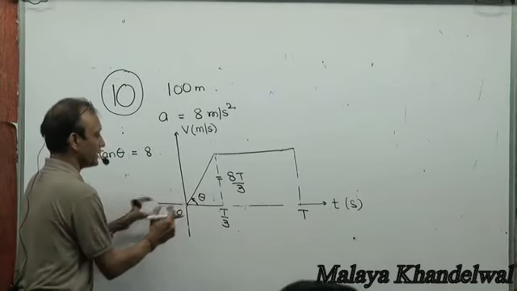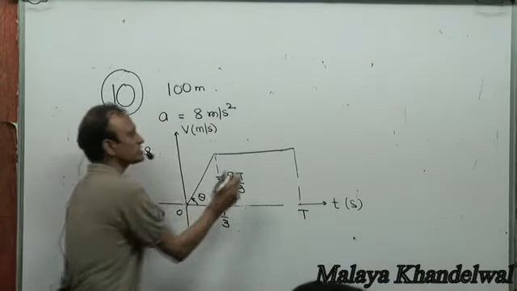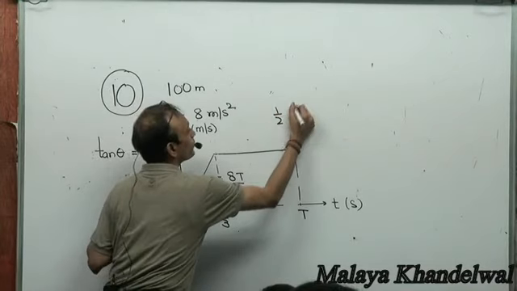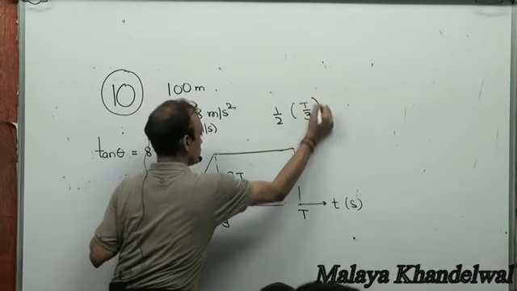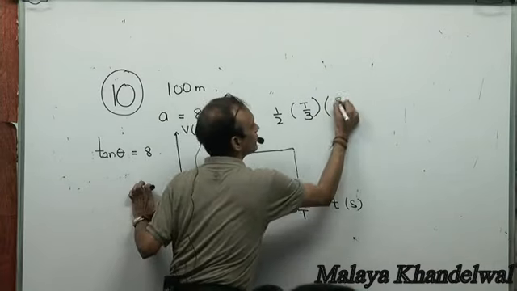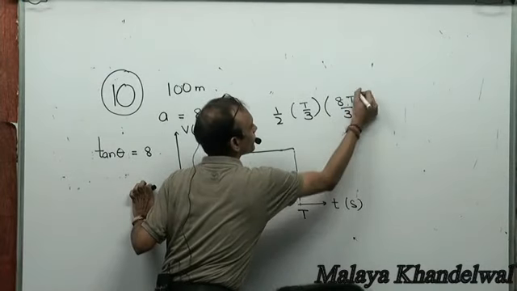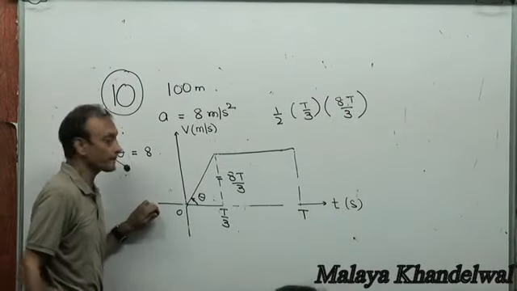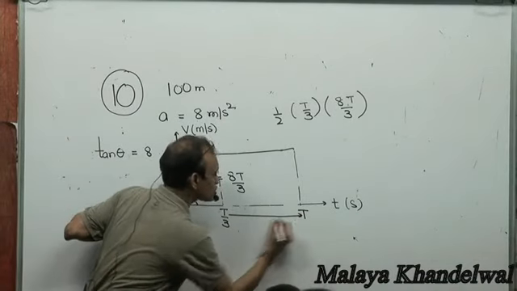Now, the total area. Area of this triangle, how much is it? Half of base T by 3 into altitude 8T by 3. Right? And this length is 2T by 3.